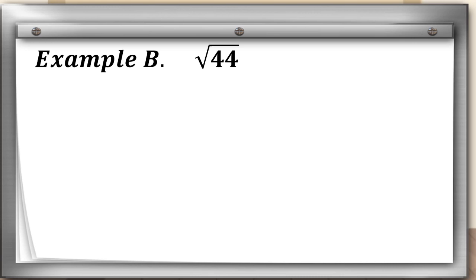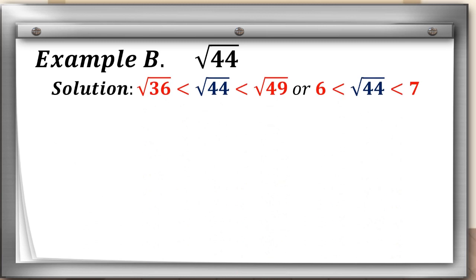Example B. Square root of 44. Step 1. Since hindi perfect square ang 44, hanap tayo ng dalawang perfect squares na pinakamalapit kay 44, which is 36 and 49. So we have now square root of 44 is greater than square root of 36 but less than square root of 49.